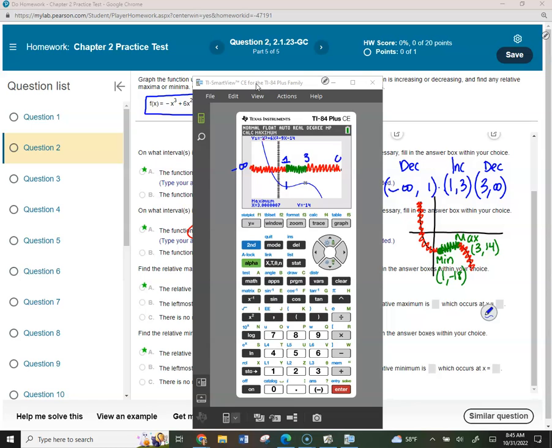Then it's going from 3 to infinity. Look at that blue. It should say comma. The only ones that are union are domain and range.